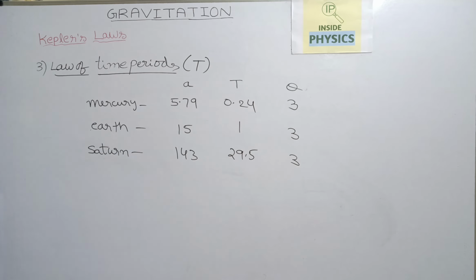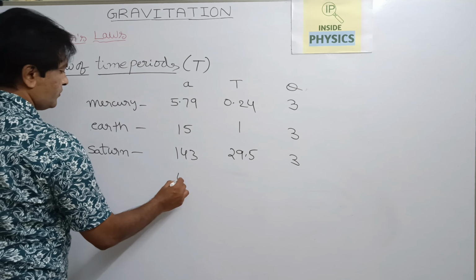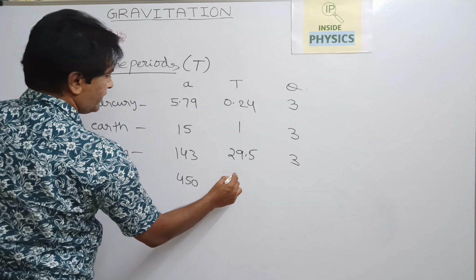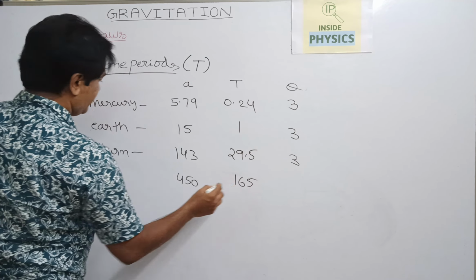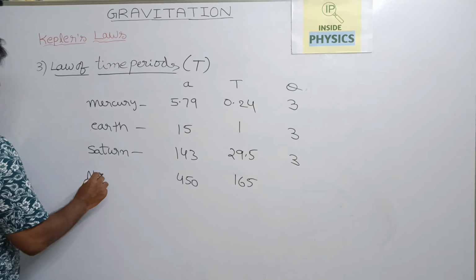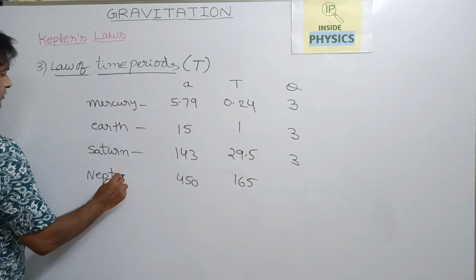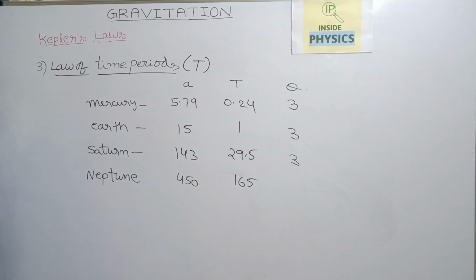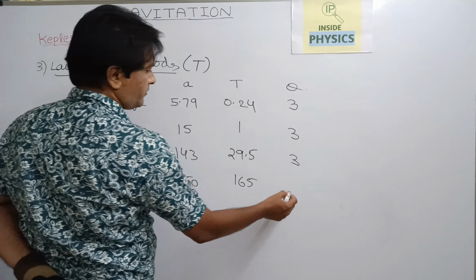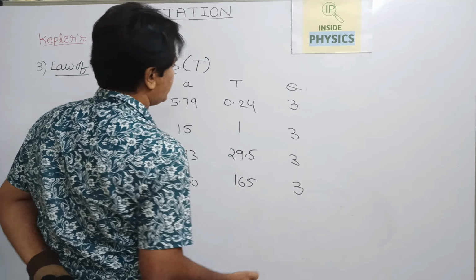Okay, and what is the farthest planet? Neptune. For Neptune, it is 450 and 165 years. The farthest planet in our solar system. This may also come to be nearly 3.